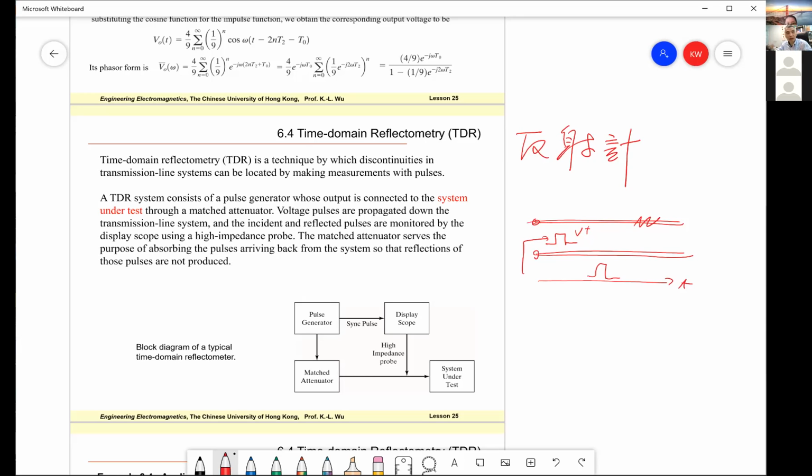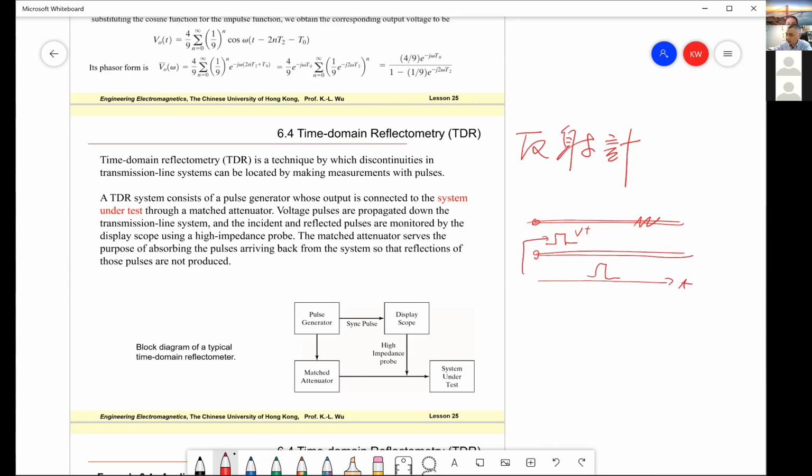Those pipes may have leakage, you may have something wrong, you never know. But how to detect it? People also use waves to detect abnormality, using a similar principle of reflectometry.